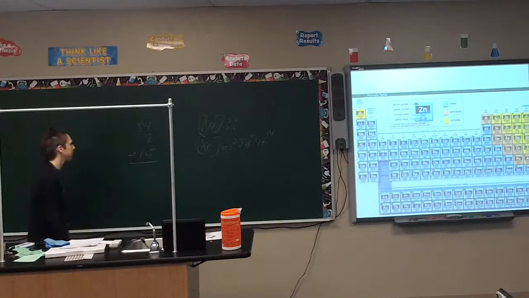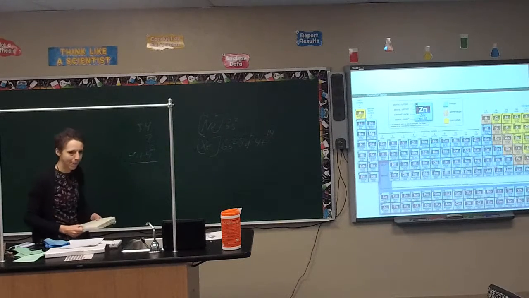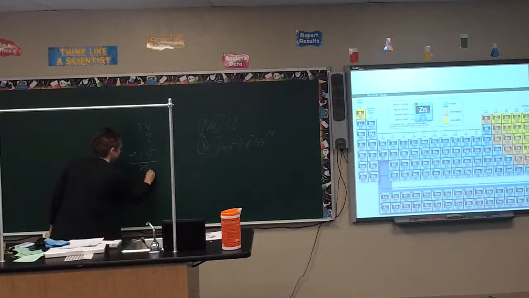What is that all together? 72. 76. Good job. It is 76. I cannot read the numbers over there. So osmium has how many electrons? 76. So that's how you check.